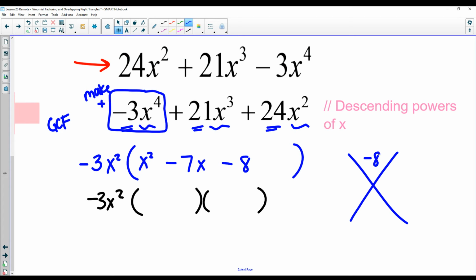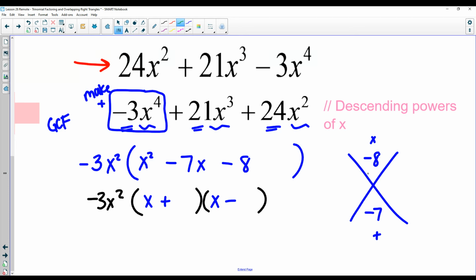So two numbers that multiply together to give us a negative 8 and add to get us a negative 7. Okay, so as in the first two examples, what's the only way we can get a negative by multiplication? We're going to have a plus and a minus. Right, and as before, we're going to start by saying x as our first term in each parentheses.